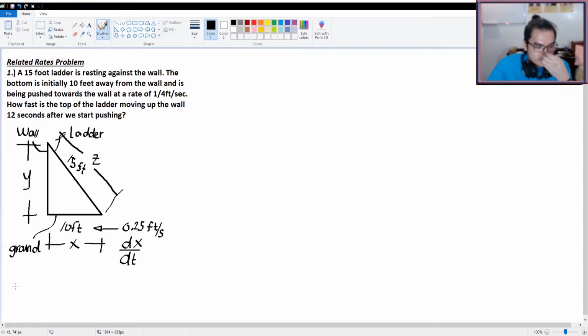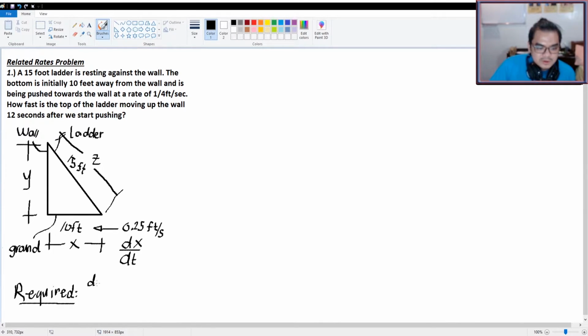Now we are required to find, what? How fast is the top of the ladder moving up the wall 12 seconds after we start pushing. So we are required to find the change of y.